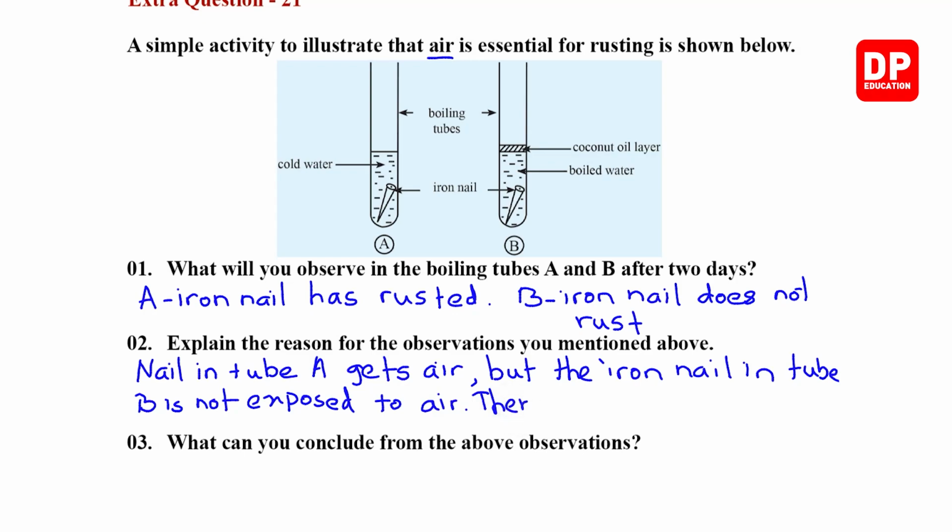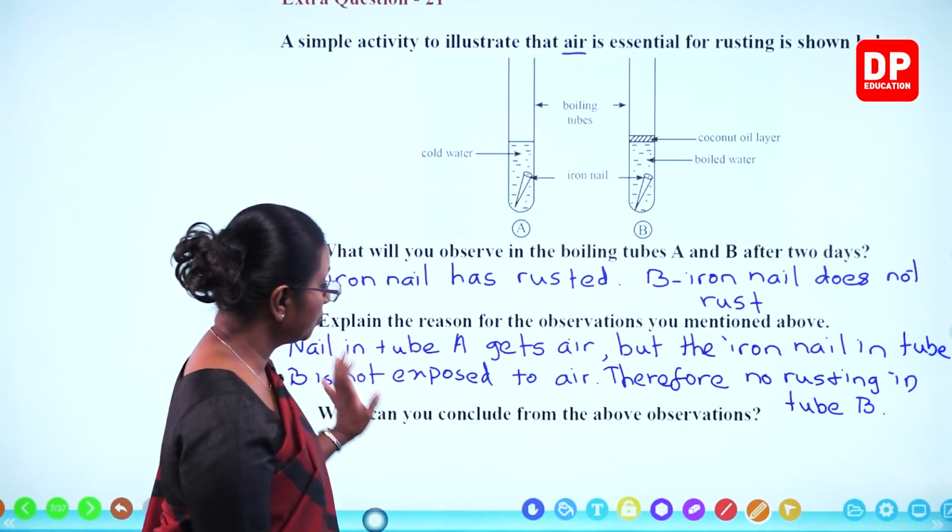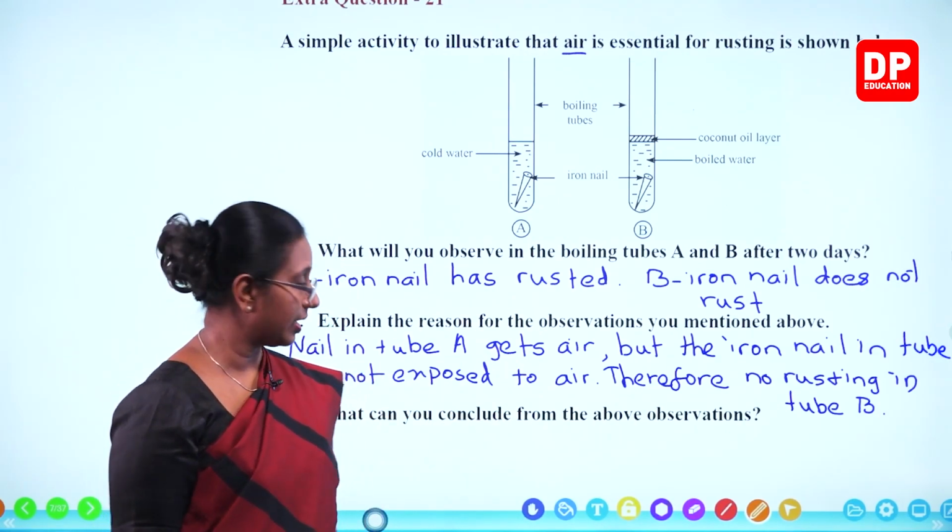Therefore, no rusting in tube B. So that is the explanation or the reason for the answer. Because there is no air, there was no rusting.